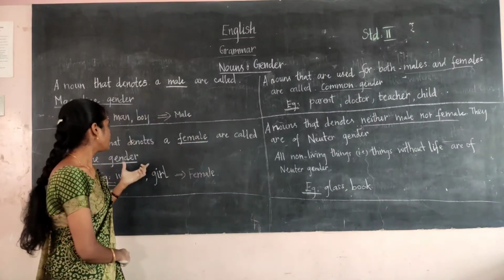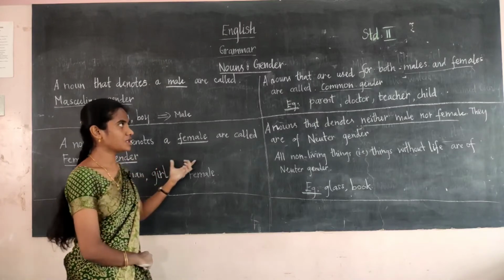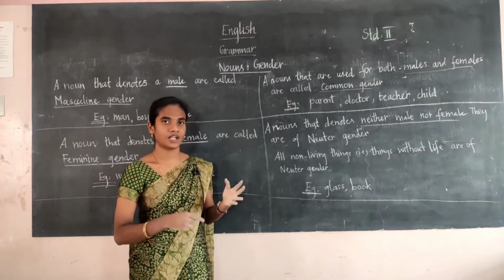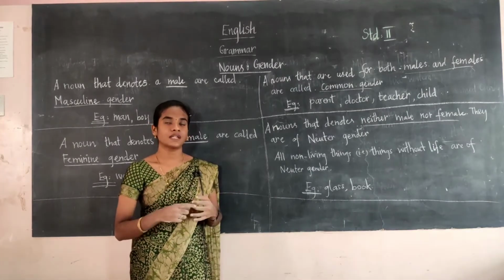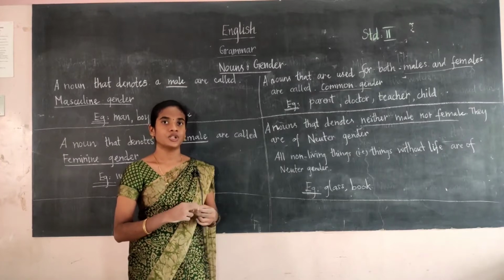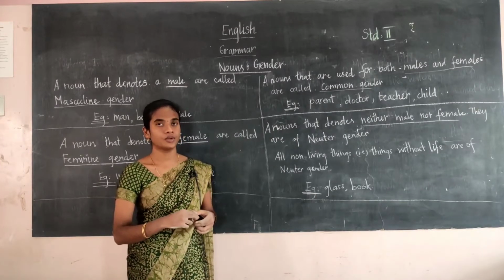So masculine gender, feminine gender, and they are both common to each other. That's known as the common gender. We can use it for male also, and for female also. And the last one we have seen is the neuter gender noun.